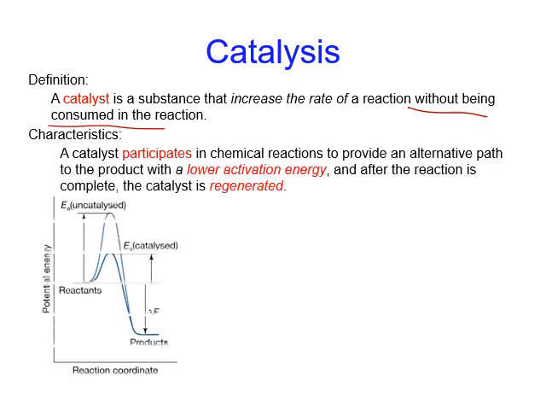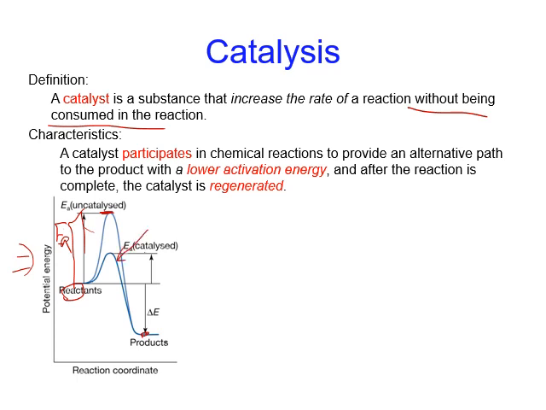Now, usually we use this energy diagram to show the effect of a catalyst. The reactants go through a transition state and form the product, and this energy barrier is the activation energy. Now, a catalyst can participate in the reaction and combine with the reactants, and it goes through a different path.